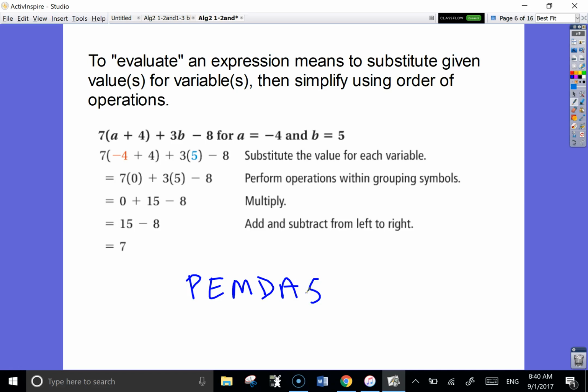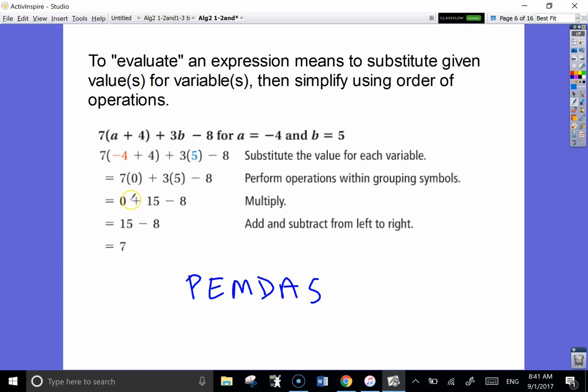So in this case, let's see, we've got parentheses to deal with. So we add, what's negative 4 plus 4? 0, right? And next step, there are parentheses here, but there's no operations going on inside of them. So they're really just, you might as well have like a multiplication symbol in between the 7 and the 0 and the 3 and the 5.